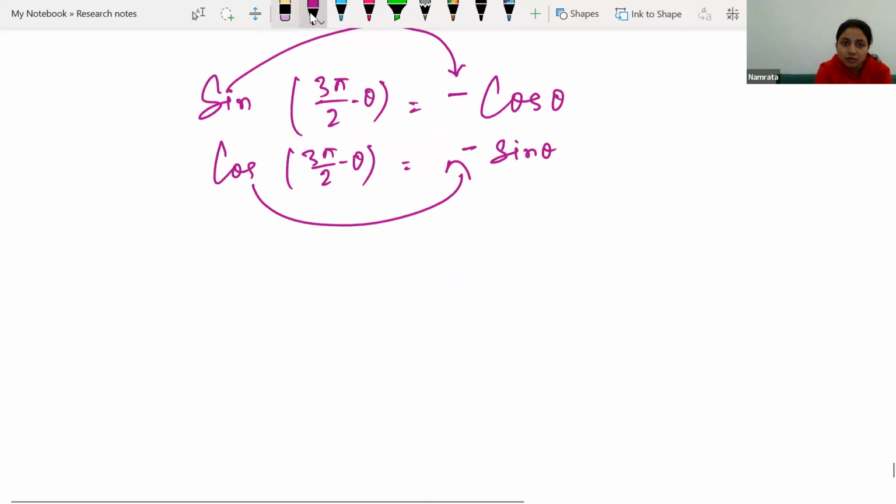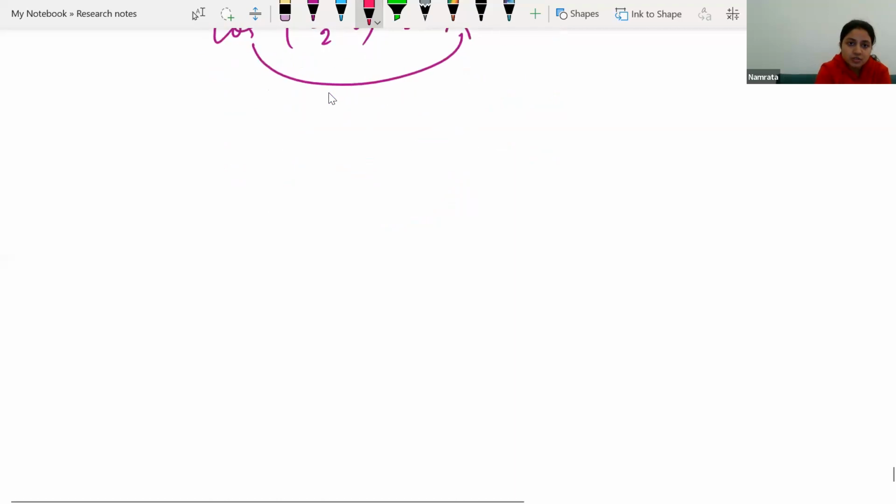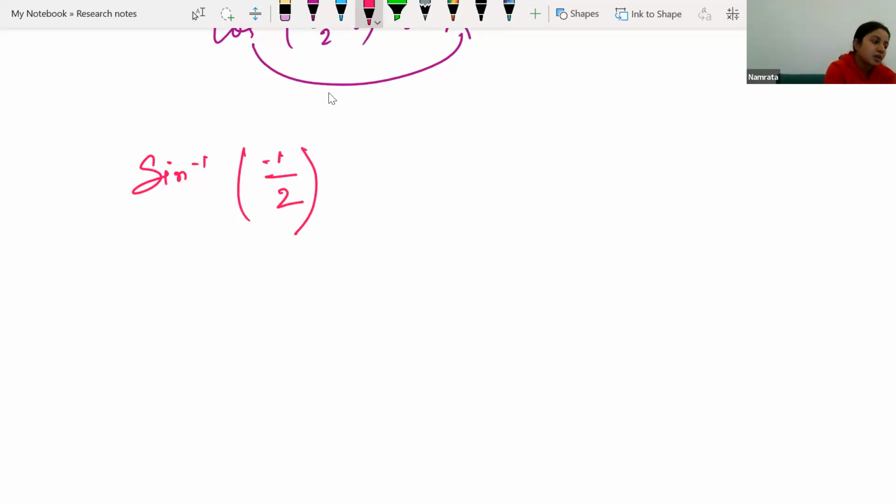Let's start solving the questions from inverse trigonometric functions. The first question is sine inverse minus 1 by 2. Find the principal value of the following.